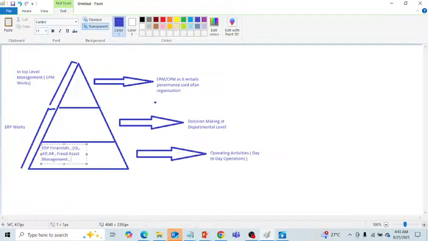It also entails vendor management and sales order processing.